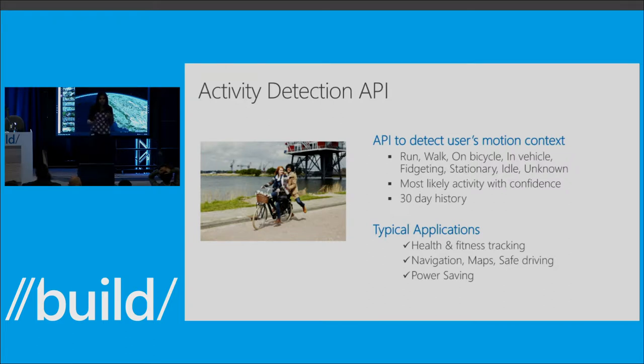You can even build maps by seeing where the user is going, if they're taking any new routes. Another obvious use would be power saving, because if you see that the user is idle or stationary, you don't need to fire GPS, or you can avoid any additional processing when the state is idle.